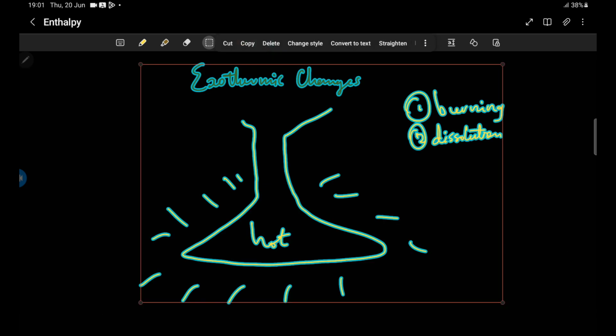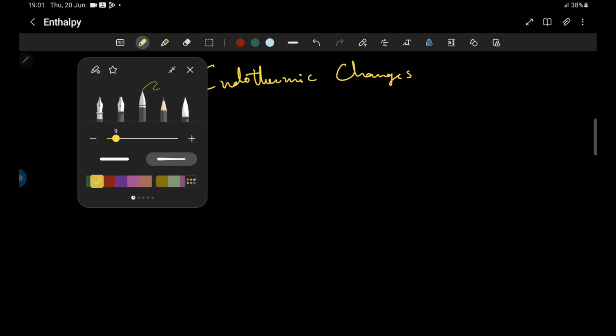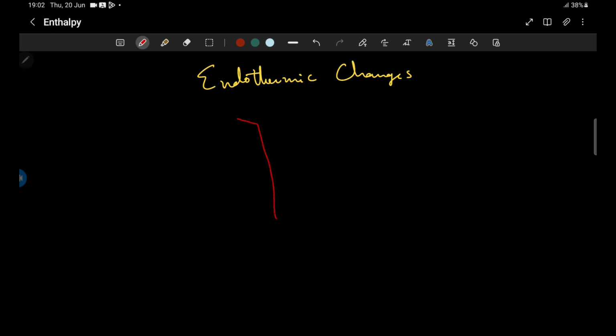Now let's talk about endothermic processes, or changes. For endothermic, heat is usually absorbed. All right, heat is usually absorbed. So you have your container.